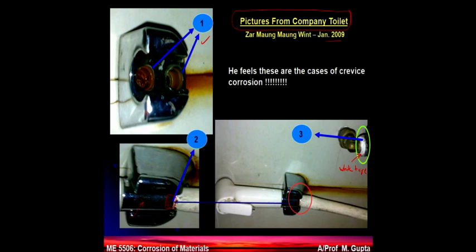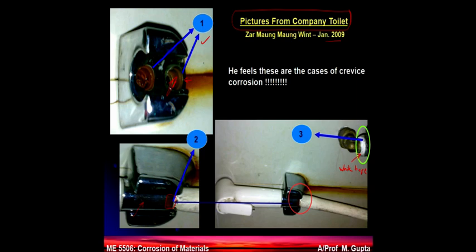No. If it is inside, always remember, that's a very valid query actually: crevice corrosion takes place in the crevice, not outside the crevice. So in this case, it is in the crevice, not outside the crevice. Only in here. All right, so we solved case number 1.